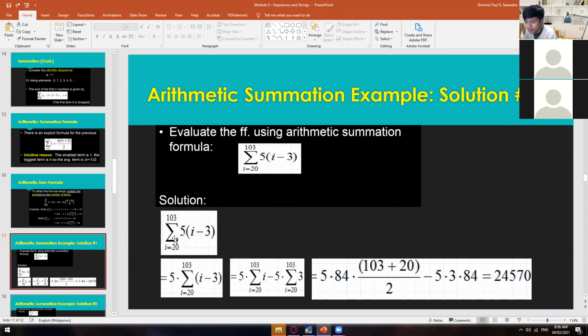So here's the solution. Initially, we just copy this one. Nothing happens, and then we bring out this 5 to the summation. As you can see, it's now 5 times summation of I minus 3.